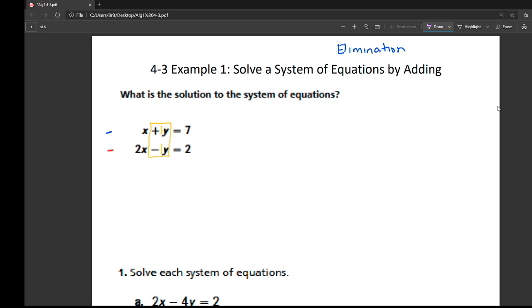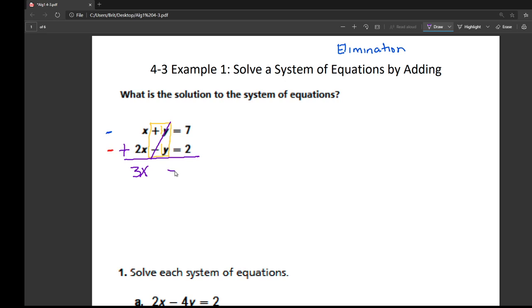So what that means is that I could take these two equations and I can add them together, right? So x plus 2x is 3x. But watch what happens when I go to add the y's. I add y plus negative y, and they cancel each other out. It eliminates the variable.